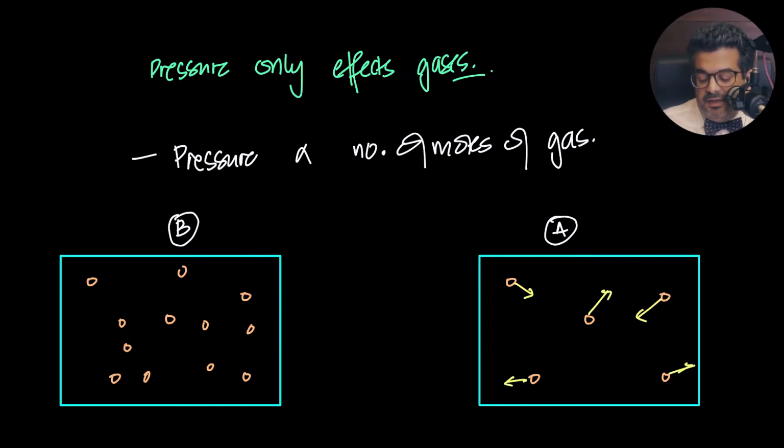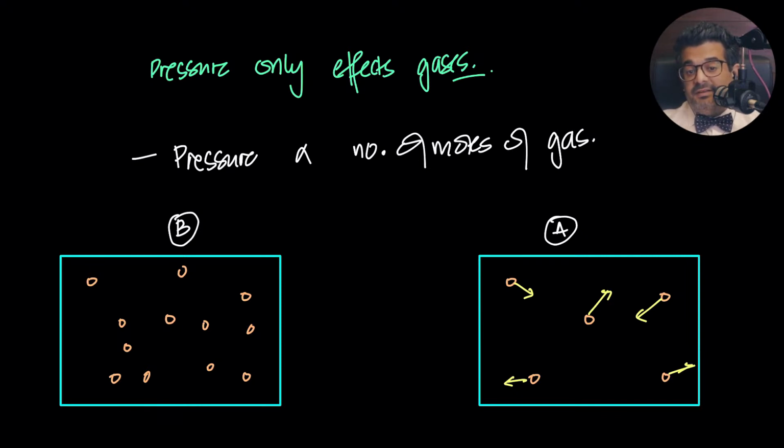In any system, the pressure is given by the frequency of bombardment of those particles along the walls of the container. Here 5 particles are bombarding along the walls of the container.